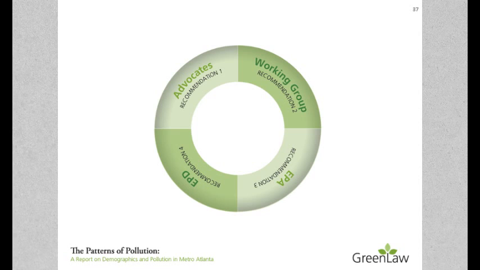So Greenlaw, I'm no longer there, but their environmental justice attorney has started that process, and I think they're having their first meeting in March. Next, we recommended that a regional working group be formed made up of business and government leaders to work collaboratively on developing ways for environmental justice issues to be incorporated into decision making.